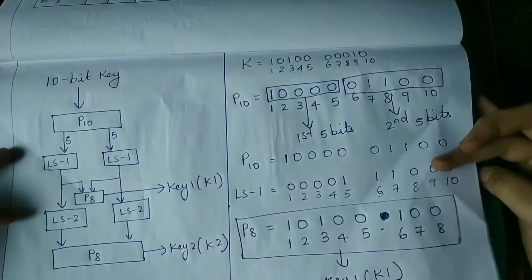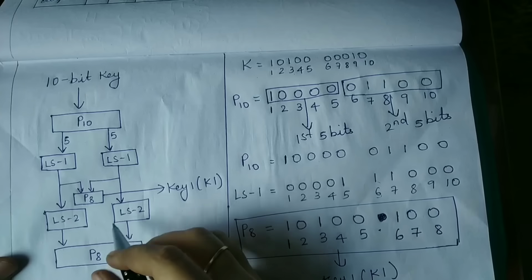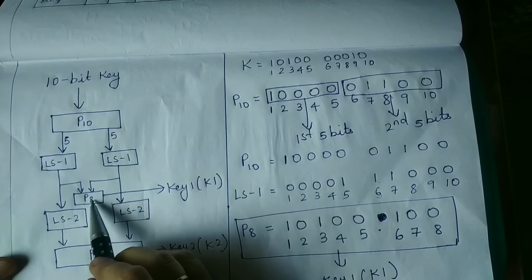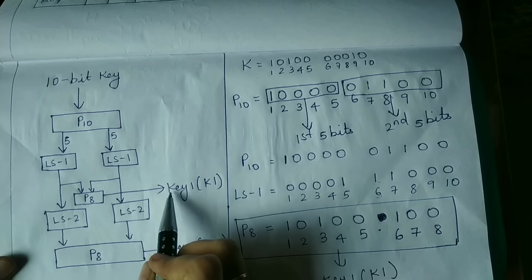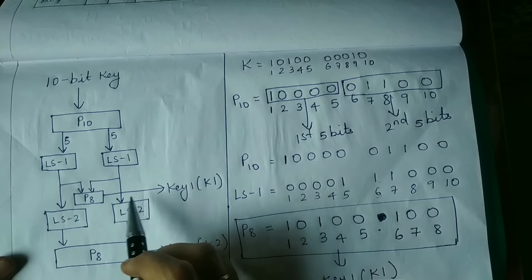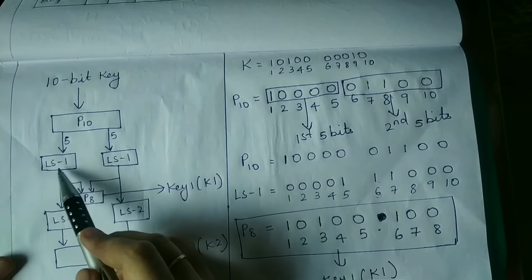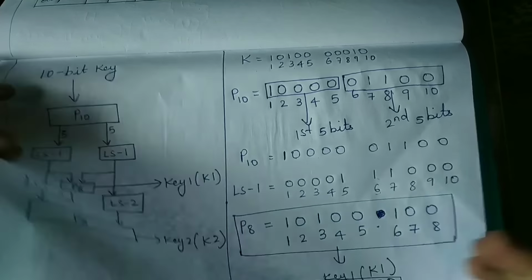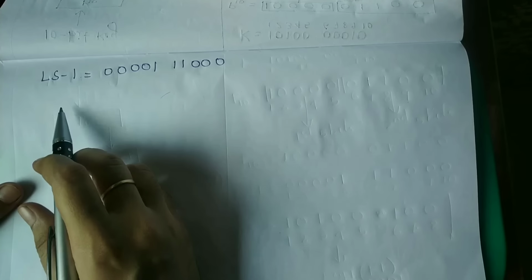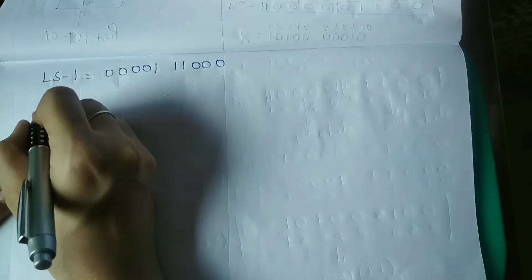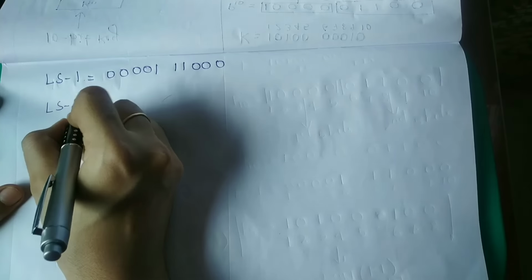Now if you look at this flow, after finding the P8's value, that is the key 1's value, we must do left shift by 2 to the left shift by 1 answer. So this is the answer for left shift by 1. So to this we must do left shift by 2.